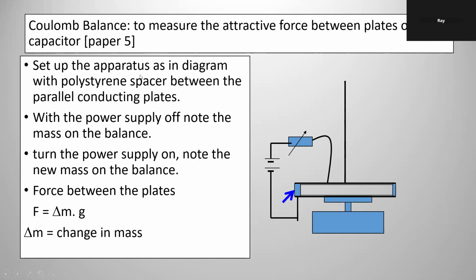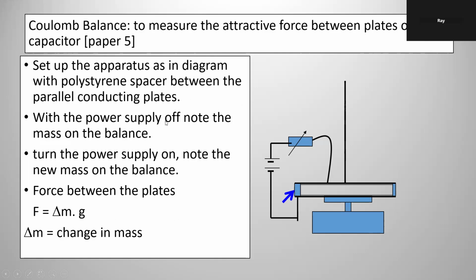Let's set up a current balance to measure the attractive force between the plates of a parallel plate capacitor. Set up the apparatus as in the diagram, with a polythene spacer between the parallel conducting plates.